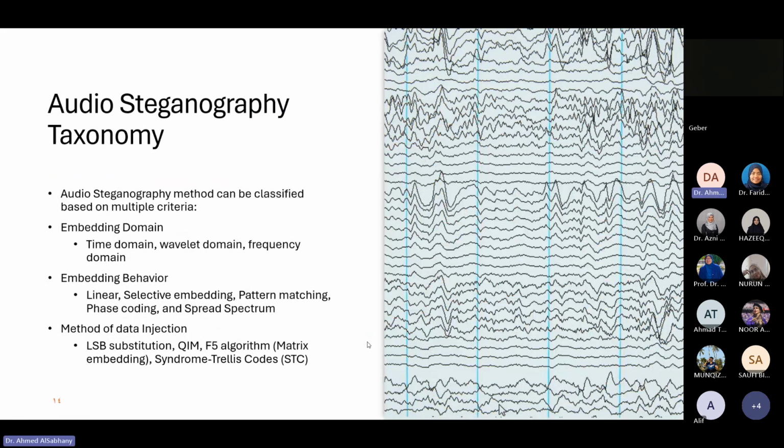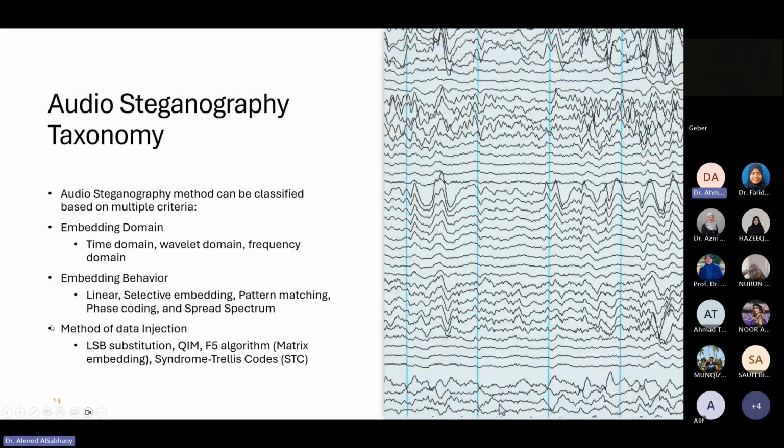So regarding the taxonomy in audio steganography, the methods can be classified into three main criteria of classification. The first one is the embedding domain. The second one is the embedding behavior.